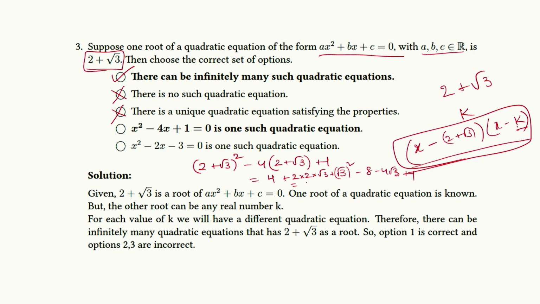So now if you further simplify this, 4 plus 4 root 3 plus 3 minus 8 minus 4 root 3 plus 1.